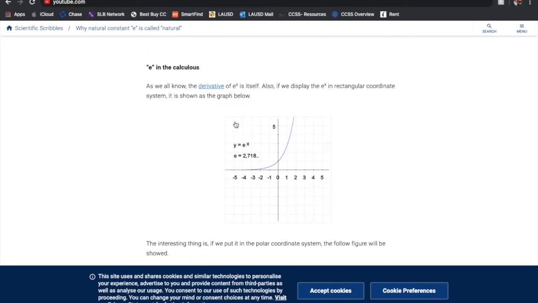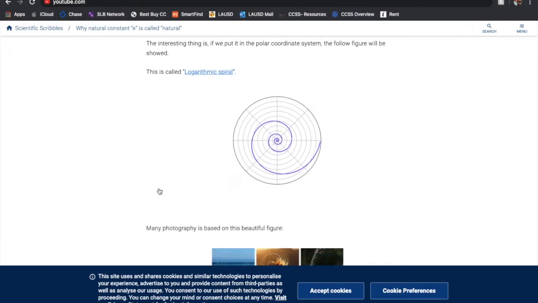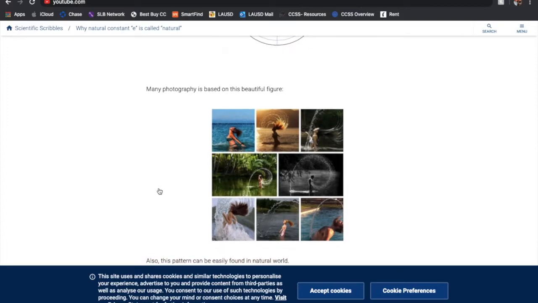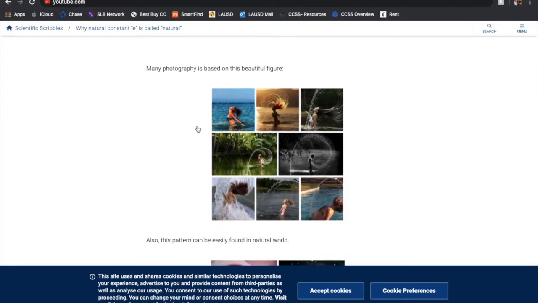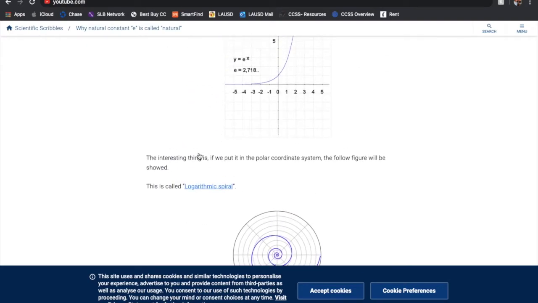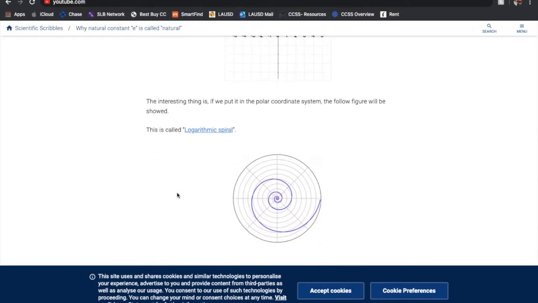I don't really want to talk about the calculus parts. For those of you who know about that, we will see that soon. Well, not in our class, but in calculus, you will see that. These are some pictures where you can see that spiral form. Here we have a Cartesian plane. This is what e looks like, but if we put it on polar coordinates, it actually looks like this, right?